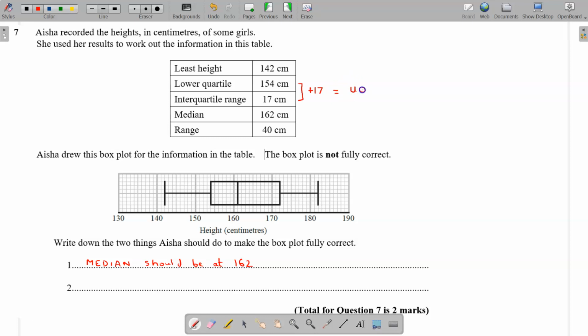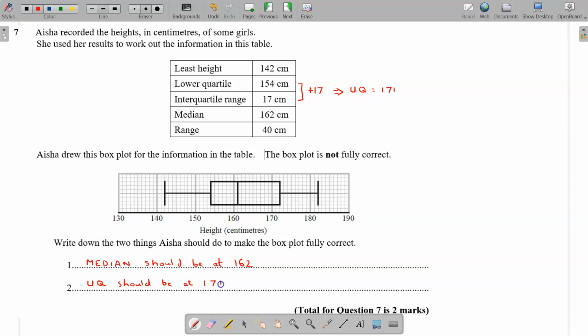Okay, so the upper quartile would be equal to 154 plus 17, which is 171. Okay, and what's happened here is it's been plotted at 172. So UQ, upper quartile should be at 171, and that will do.